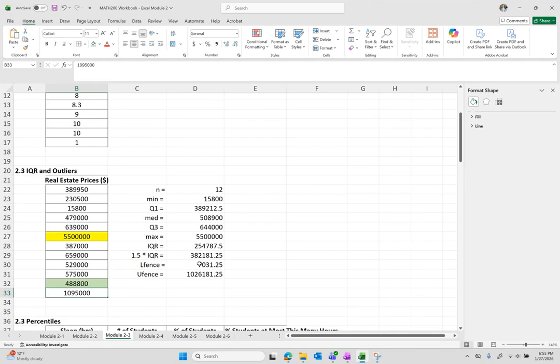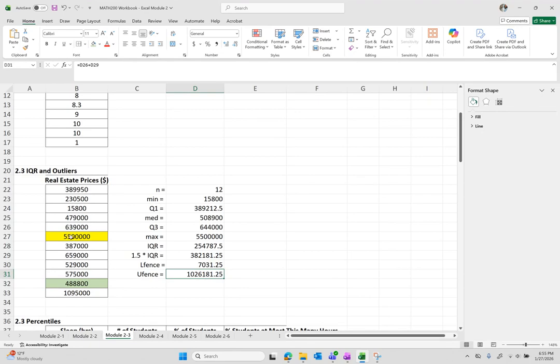So now my lower fence is 7,000 and my minimum is 15,000. So 15,000 is greater than 7,000, it is not lower than the lower fence. And now my upper fence is 1,026,000.